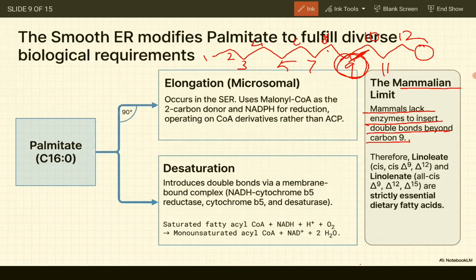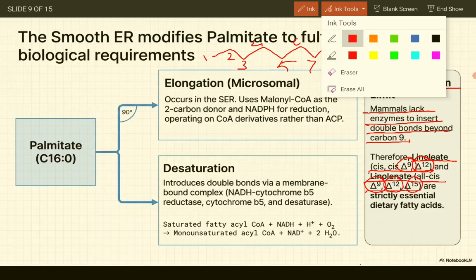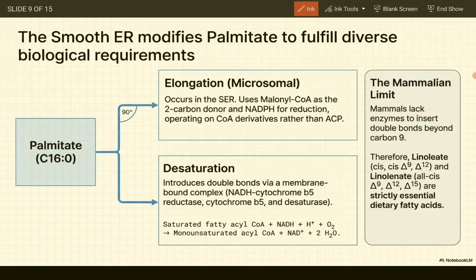So there are some important fatty acids like linoleate, which has cis delta 9 and delta 12, that is, double bonds on the 9th carbon as well as the 12th carbon, that cannot be produced in the body, as well as linolenate, all cis delta 9, delta 12 and delta 15, with double bonds at the 9th, 12th and 15th positions. These cannot be produced inside the body.